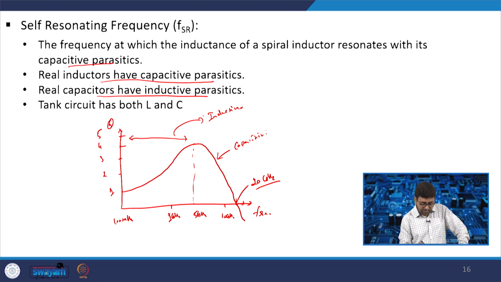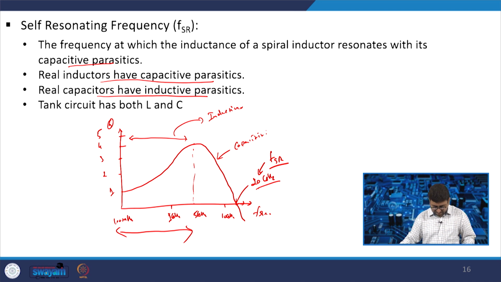So, we should always use an inductor below this range. At higher frequency than this it is more capacitive, there is no use, we want an inductor, and at FSR, at this frequency your Q is 0. So, that is also not useful. At FSR frequency the inductor is resistive, so the Q is 0.